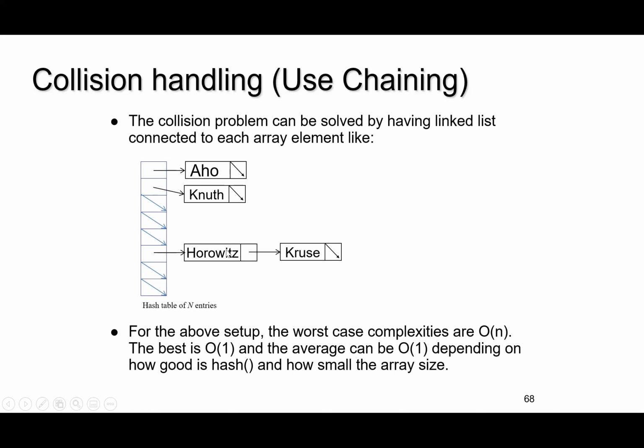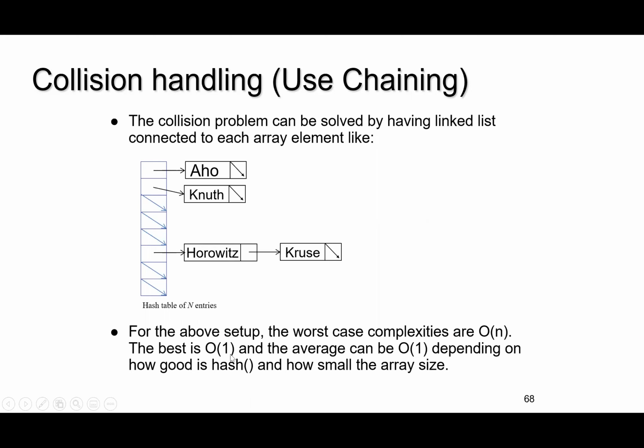Then all your n data will be stored in this linked list in index 5, right? Which I think usually won't happen unless you are really unlucky. How come you can use a hash function that hashes all your data to the same index, right? So this is the worst case scenario, and it is order of n.